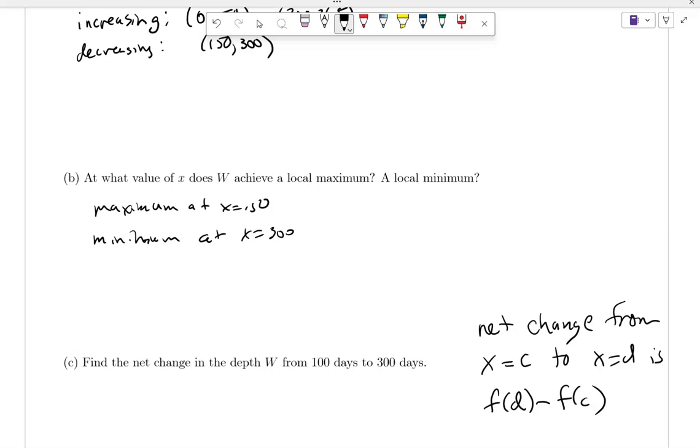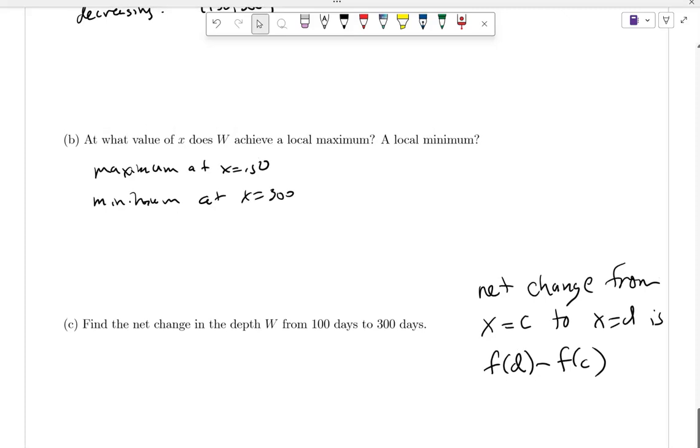That was net change. How far you went. Okay. So in this context, the function name is w. So we want w of 300 minus w of 100, right? From 100 to 300 is the difference of those two things, right?